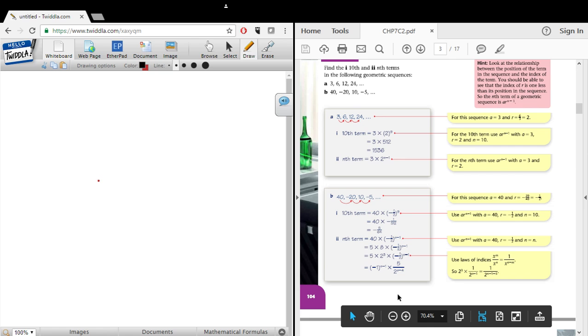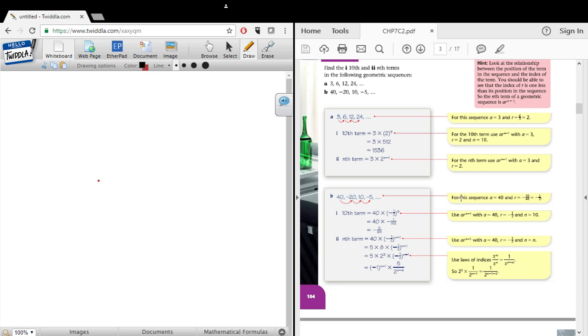And the same thing for this question here. You can see that we've got 40 as the first term. And then the ratio, if we divide 20 by 40, is going to be minus a half. So we've got the first term 40 and the ratio minus a half.